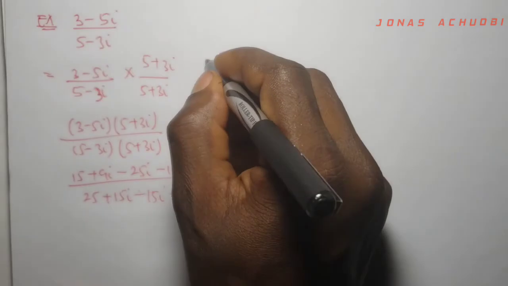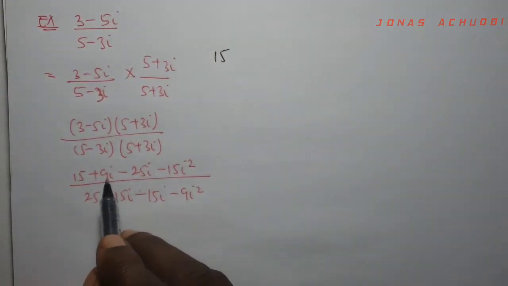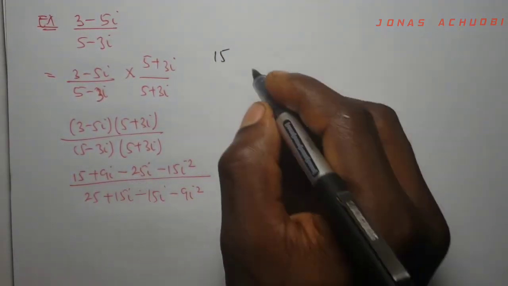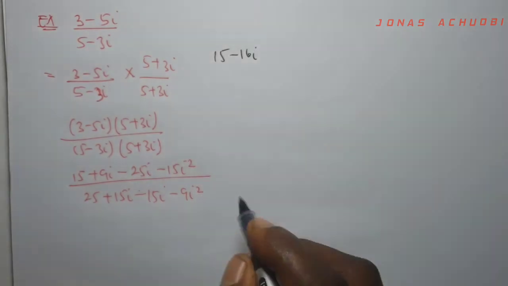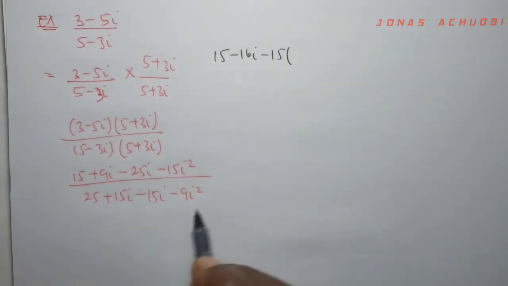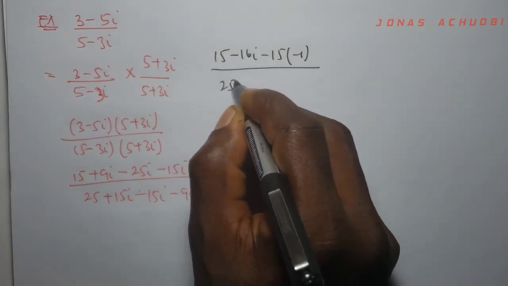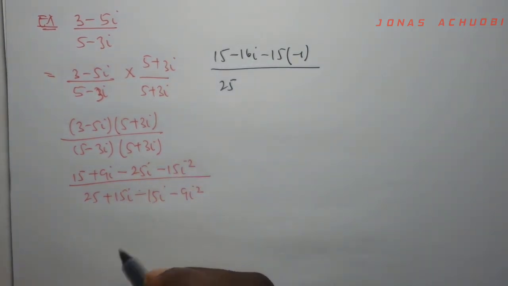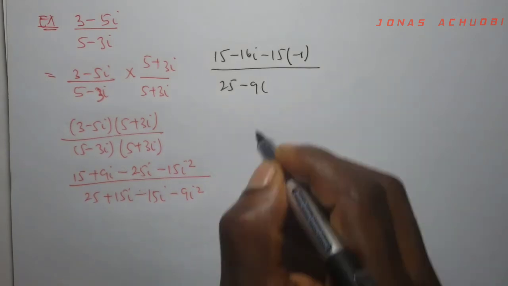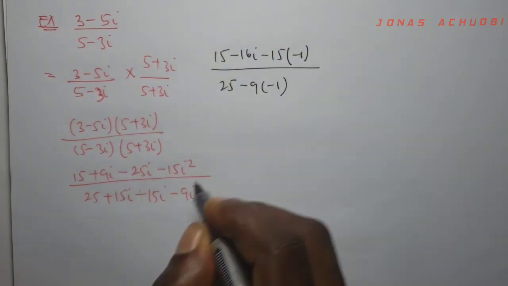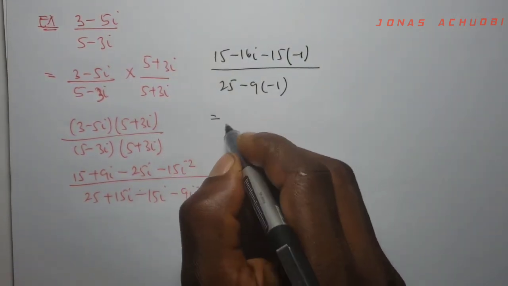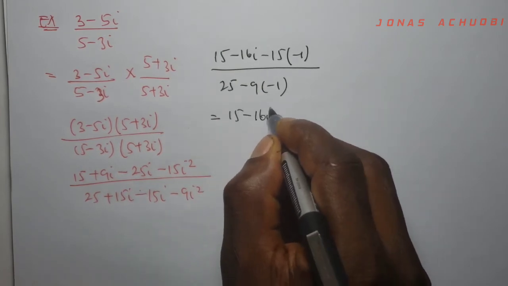So we have 15. 9i minus 25i is minus 16i. Minus 15 into i squared, which is minus 1. Divide by 25. 15i minus 15i is 0. Minus 9, i squared is again minus 1. Equal to 15 minus 16i.